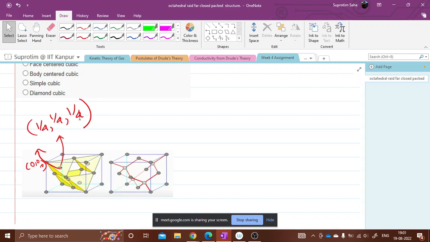This is a homework task for you all: visualize with a clear head the arrangement of the diamond cubic structure such that it has the least packing fraction. I'll just leave a question mark for you all to think about.